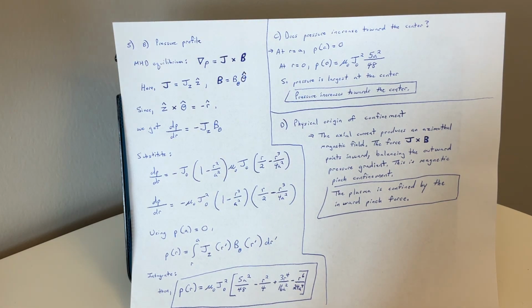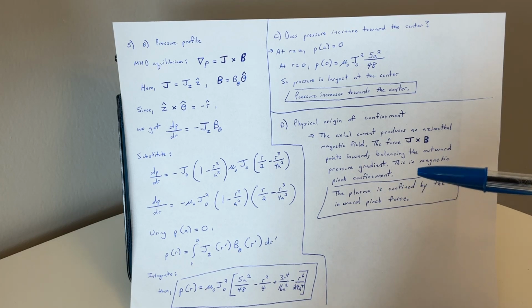Part D, what they want is to explain physically the origin of magnetic confinement in this configuration. What we could say is this: the axial current produces an azimuthal magnetic field. The force, the cross product of J and B, points inward, balancing the outward pressure gradient.